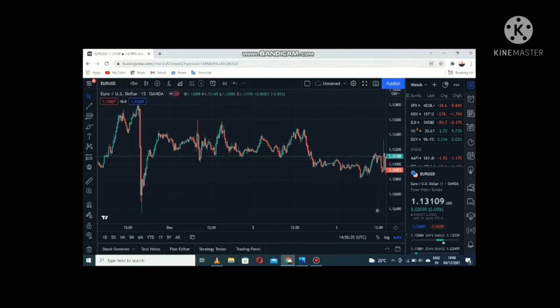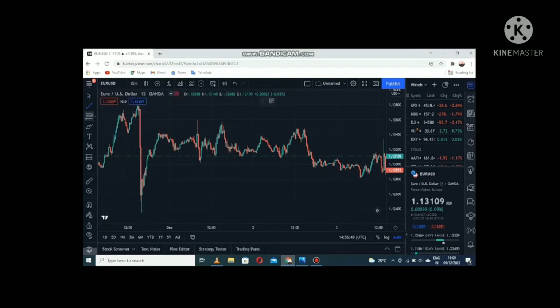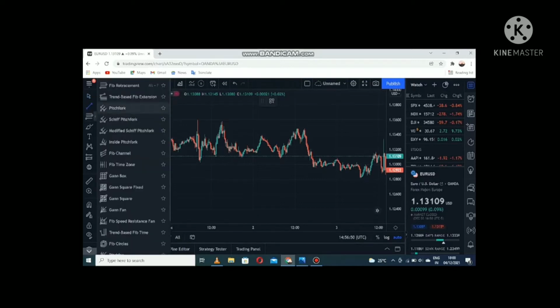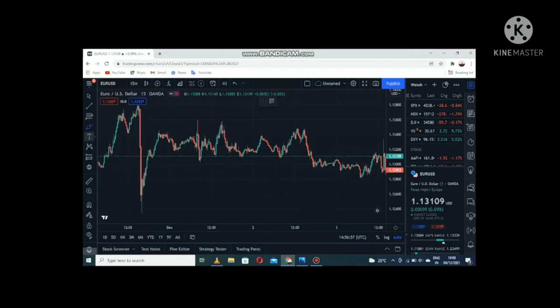So let's get started. In this video, I'm gonna be showing you simple strategies. This is tradingview.com. You can see those are the tools that we're gonna be using for analyzing the markets, the trend lines, the arrow, and so many other tools that you can see over there. These are the tools you're gonna be using for analyzing the markets.